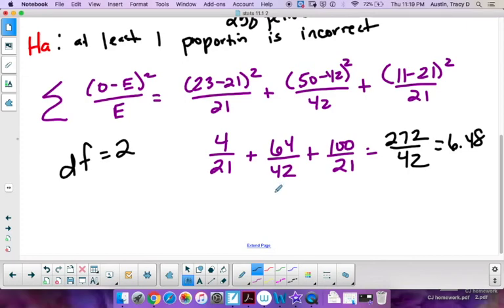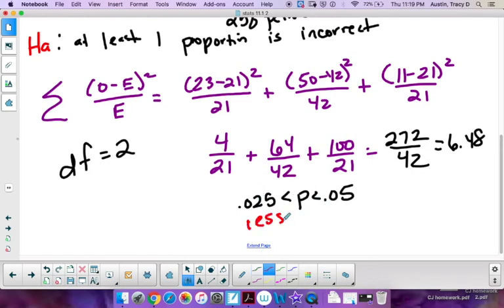So let's see. The way I'm getting it, it looks like my p-value is between 0.05 and 0.025. Okay, so if you remember, this is how we were writing it before because it happened to be between those 2 p-values.